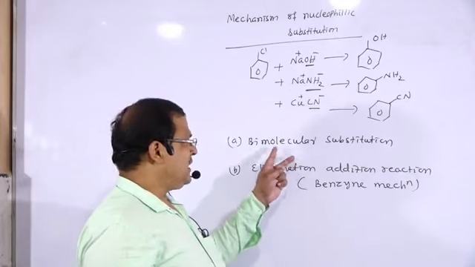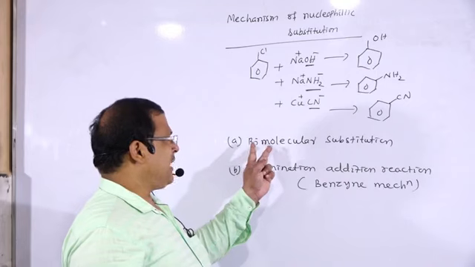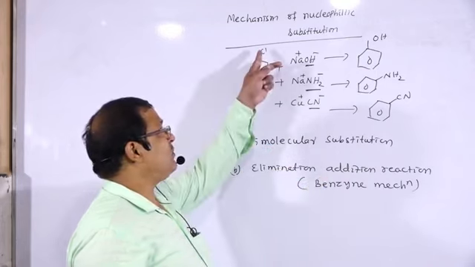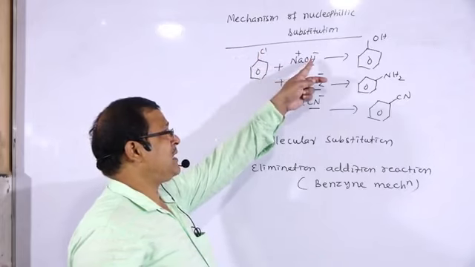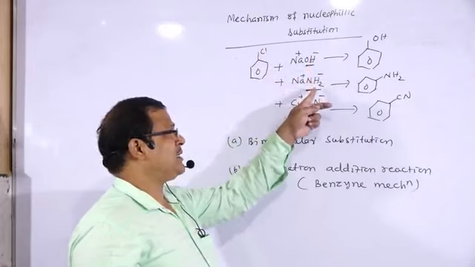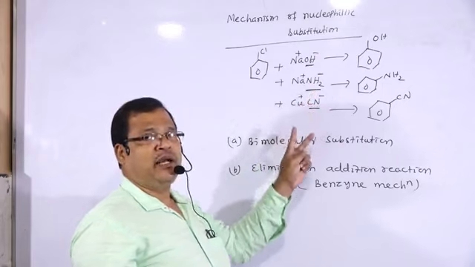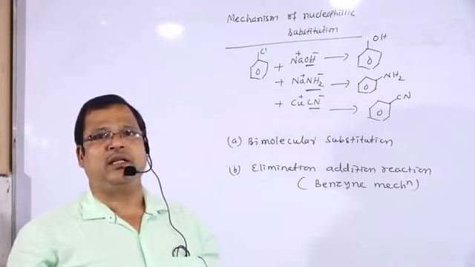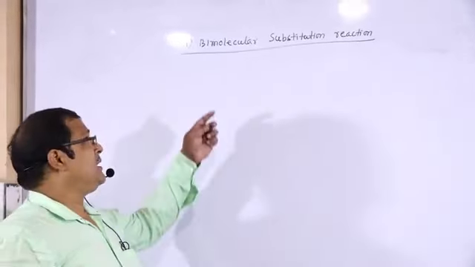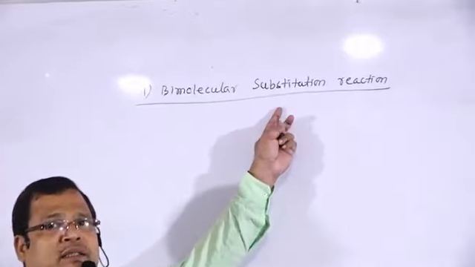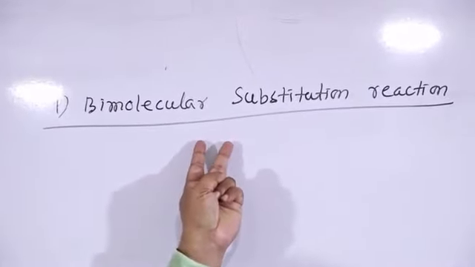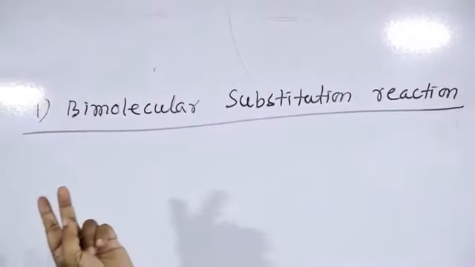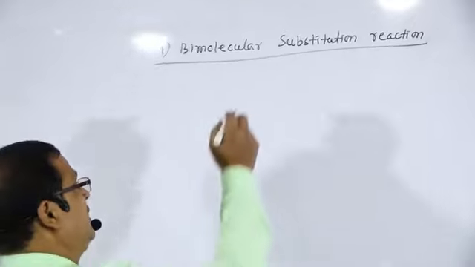So we will discuss one by one: bimolecular substitution, then elimination addition or benzyne mechanism, and how the chlorine atom is replaced by nucleophiles like OH-, NH2-, CN-. The first one is the bimolecular substitution reaction, in nucleophilic substitution of haloarenes like chlorobenzene.